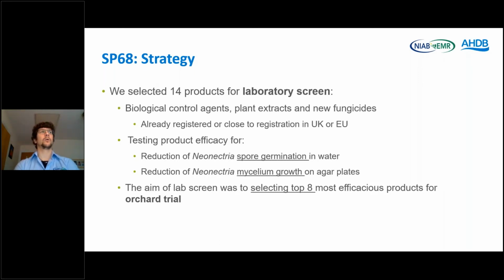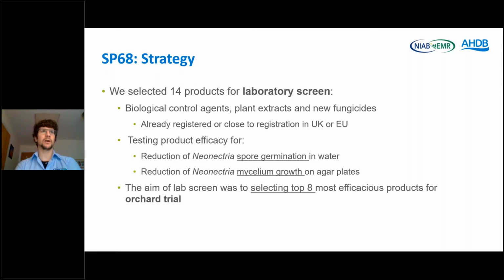Even if it doesn't stop spores germinating, it can still help in the field by reducing the spread, and plant defense might be utilized better if the fungus is growing slower.